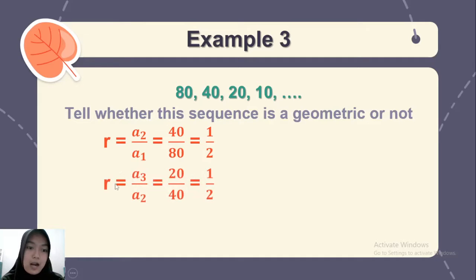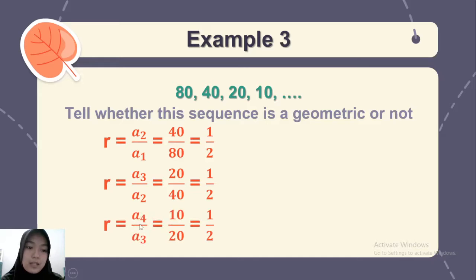Then, r is equal to a sub 3 divided by a sub 2. Our a sub 3 is 20, and our a sub 2 is 40. So, 20 divided by 40 is also equal to 1/2.